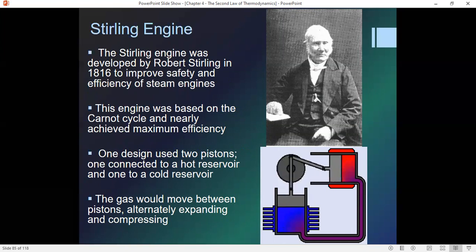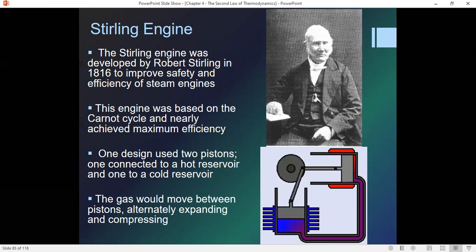One of his designs worked on 2 pistons, and basically one piston would be connected to a hot reservoir, one piston would be connected to a cold reservoir, and the gas would move between the 2 pistons, alternating expansion and compression.